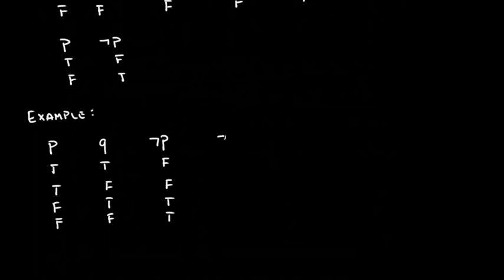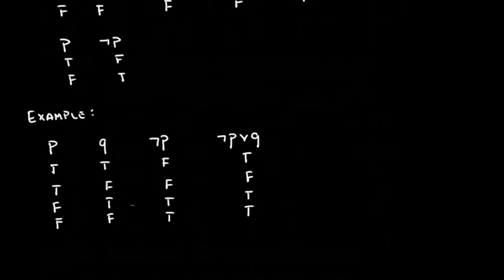And if I take not P or Q, remember here, we need at least not P to be true or Q to be true. So between these two, we have one true. On the second line, they're both false, so the OR is false. Then we have true, true. That's going to be true.